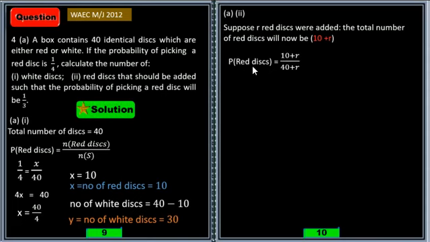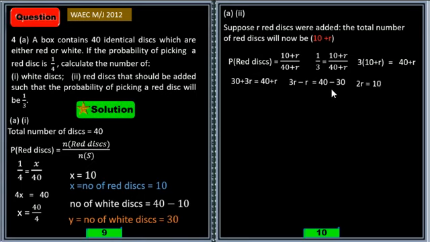So therefore, the new probability of picking a red disc will be 10 plus R divided by 40 plus R. On further simplification and substitution, we have 1 over 3. The new probability is given by 10 plus R over 40 plus R. Cross multiplying, we have this, and cross multiplying the other side, we have 40 plus R. Now simplifying, collecting like terms, 3R minus R will give us 40 minus 30.